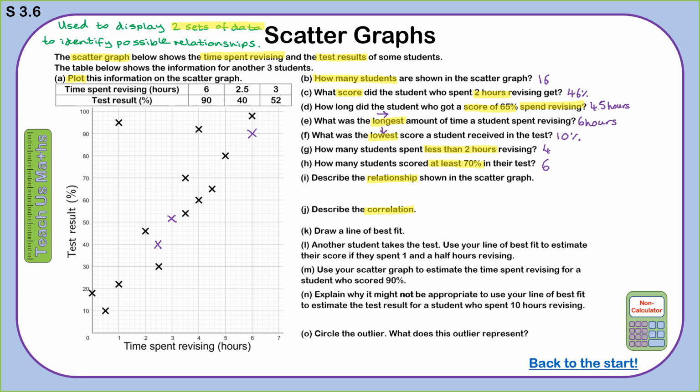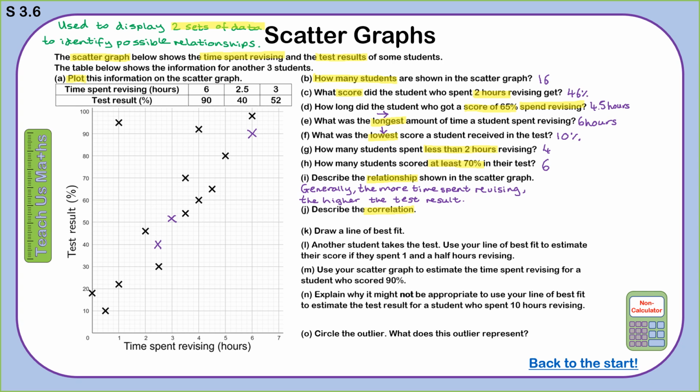This is asking you to describe the connection between the data in a real-life context. In our scatter graph, as we go further along the x-axis, the points are plotted further up the y-axis. In other words, generally, the more time spent revising, the higher the test result.